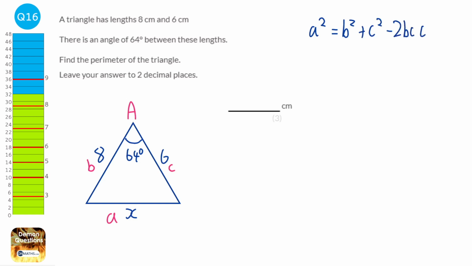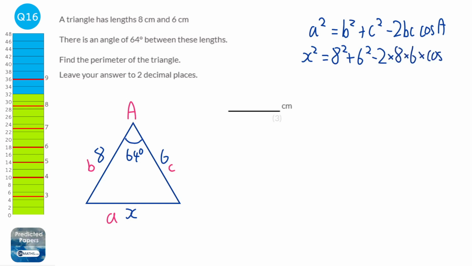2bc cos A. And so that would be x squared equals 8 squared plus 6 squared minus 2 times 8 times 6 times cos 64.